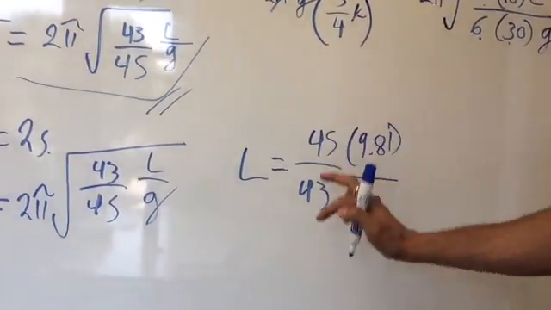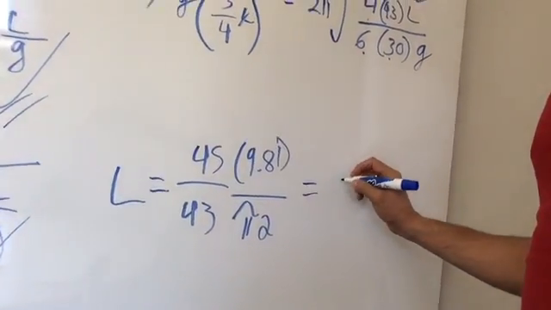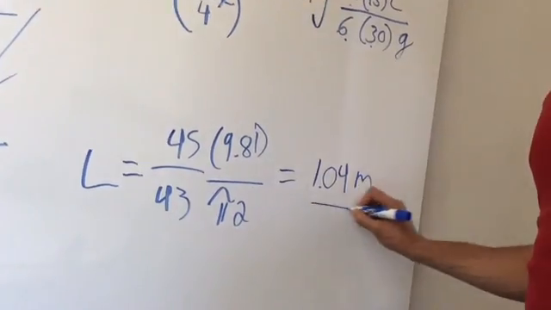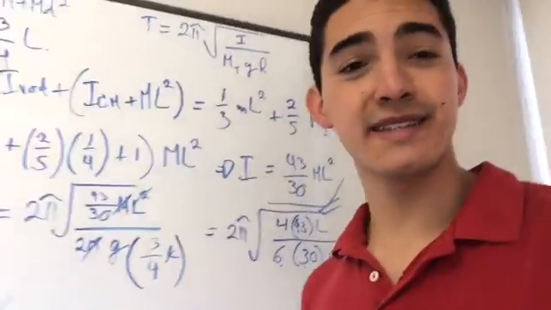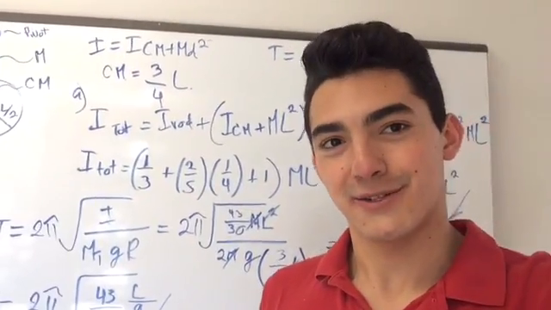Once we solve it, we obtain that the length is equal to 1.04 meters. And these were the 3 parts of the last problem of the Physics 2 partial exam.